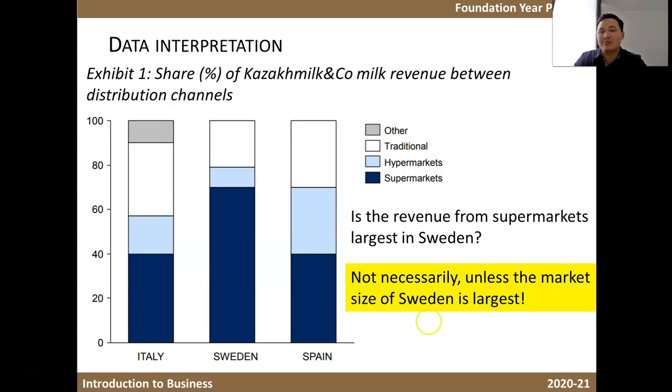Look, this is just the percentage. It's not an absolute value. We don't know how much Sweden is selling. Maybe Sweden is selling only 50,000 euros per day. But Italy, even though it's only 40%, is much bigger, and therefore it's going to sell more. So not necessarily, unless the market size of Sweden is really the largest.